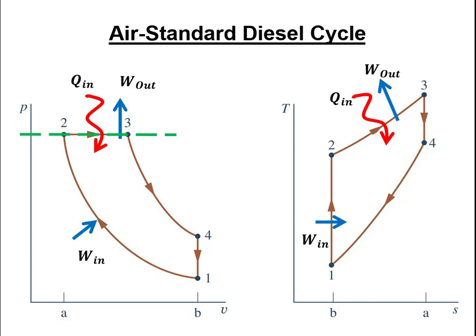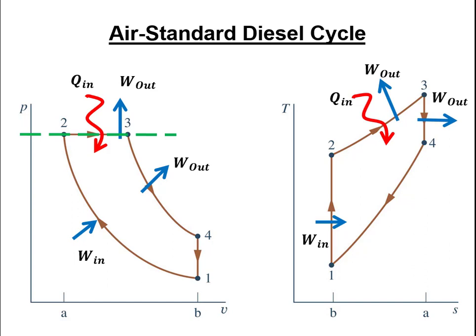If we remember, for closed systems, we can find the work by taking the integral of P dV. So there is area under this curve when we go from state 2 to state 3, so we do produce work during our heat addition process. As we move from state 3 to state 4, we get into the power stroke, so we're putting work out, so we're creating work.